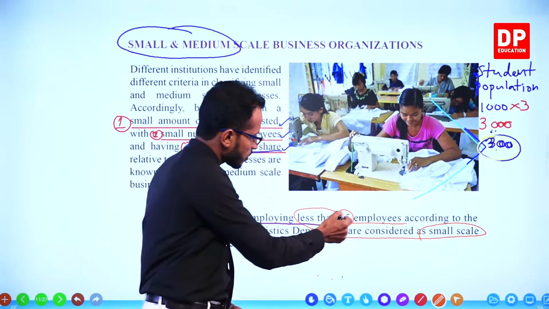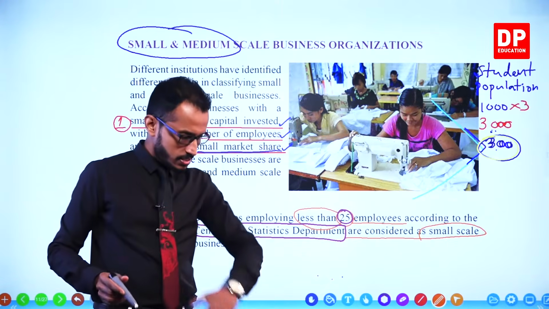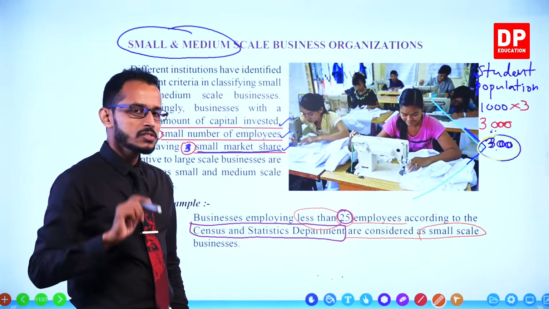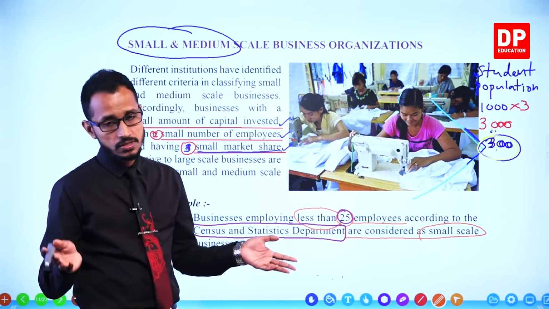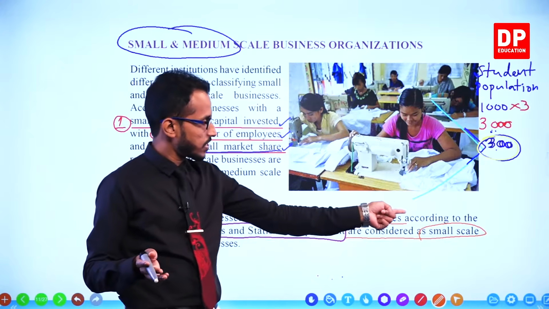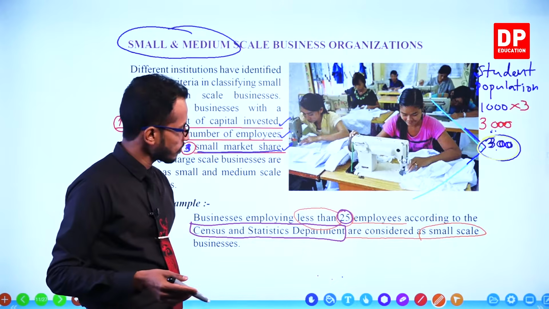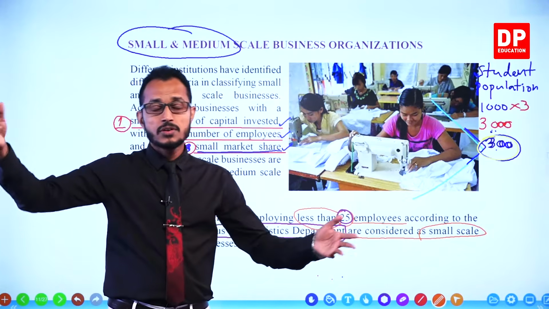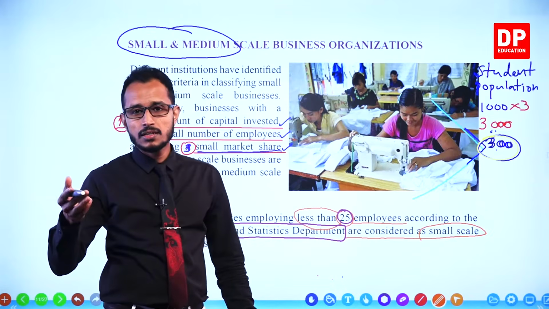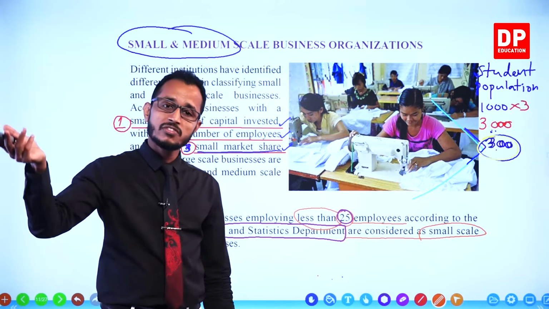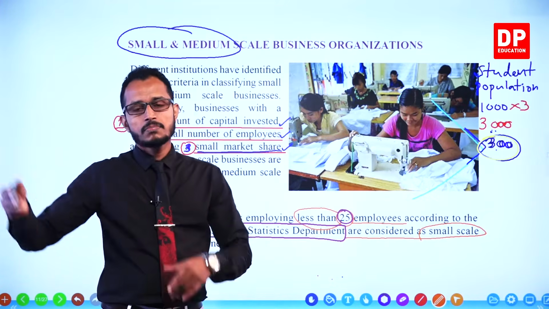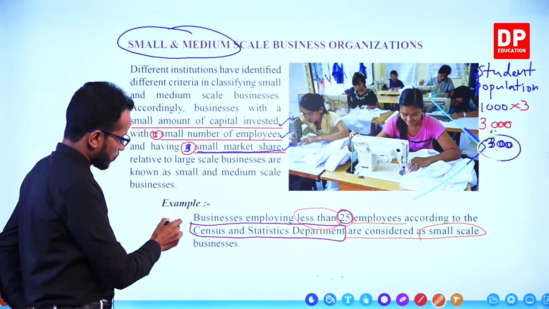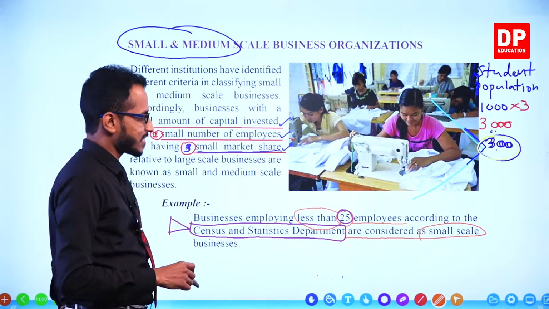They are saying that if you have 25 employees or less in your business, then your business is a small or medium scale business. If you are having more than 25 employees, like 100 or 200, maybe even 35, then it's a large scale business. Remember this name, children. Census and Statistics Department.